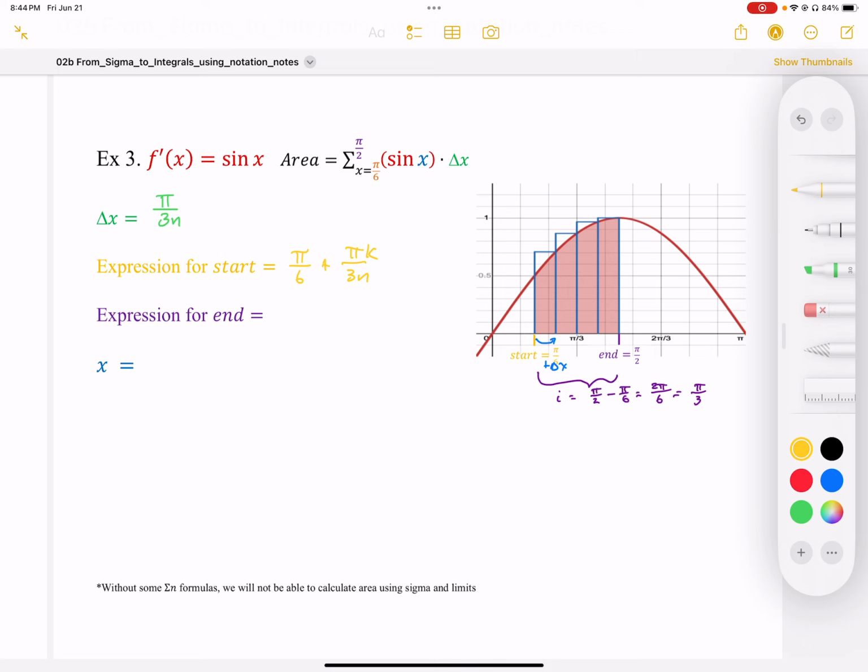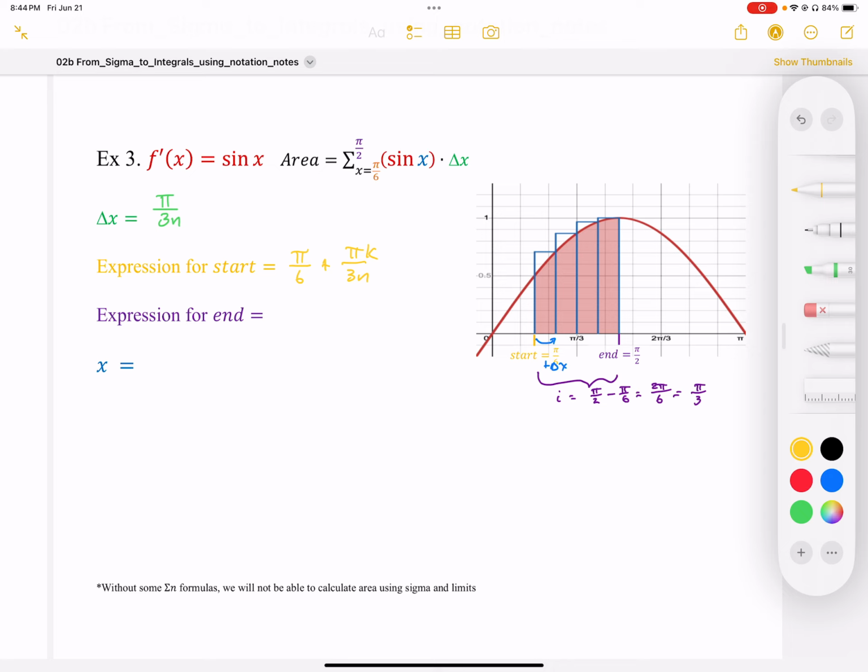When k is 1, I'll be at the right-hand edge of that interval. So in this case, the rectangles I've drawn are right-hand rectangles. The other rectangles were not quite right-hand, but these are right-hand rectangles I've drawn here.